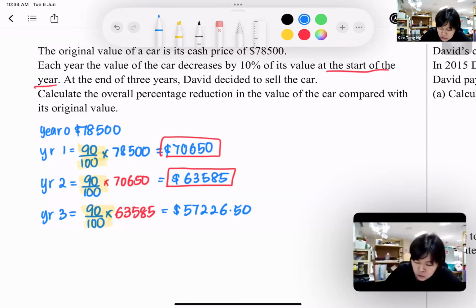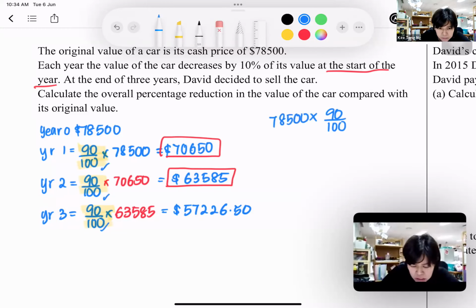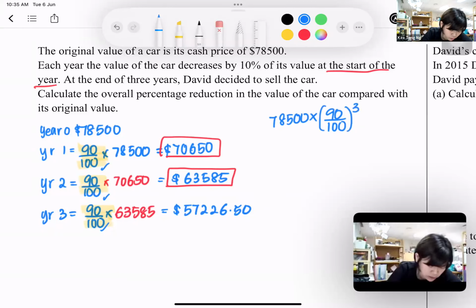What I can do is take 78500 times 90 over 100, but it's repeated 3 times, which means it is to the power of 3. Wait, let me put in my brackets. And I get the same answer, so I also get this value.